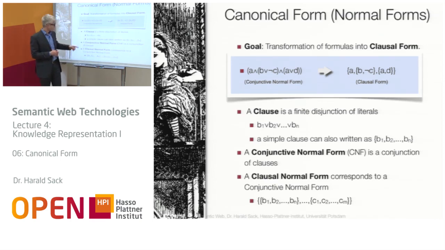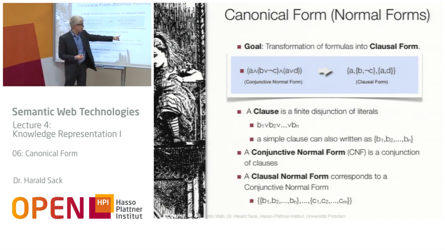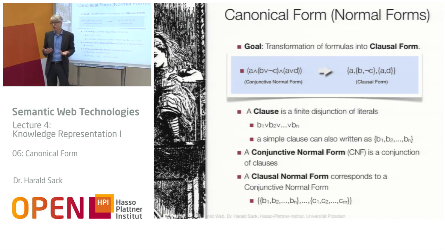So here you see a clause, so it's simply a disjunction. And you can write this also by neglecting the operator and simply writing the single literals in curly braces. And then the comma you see here, you interpret as a disjunction.